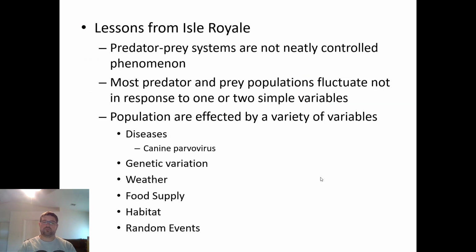Okay? And so what we learned from Isle Royale and studying this system is that predator prey systems are not neatly controlled. Okay? It's not a give and take predator prey model like we see in the lynx and hare. The lynx and hare situation is a really unique situation.